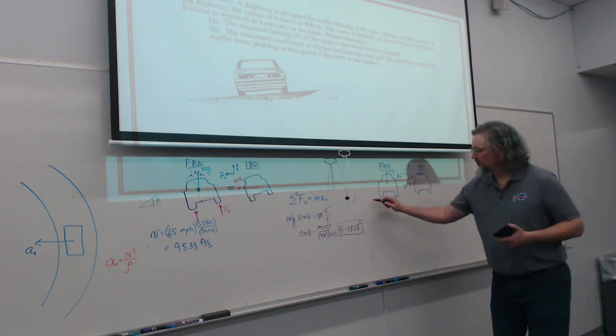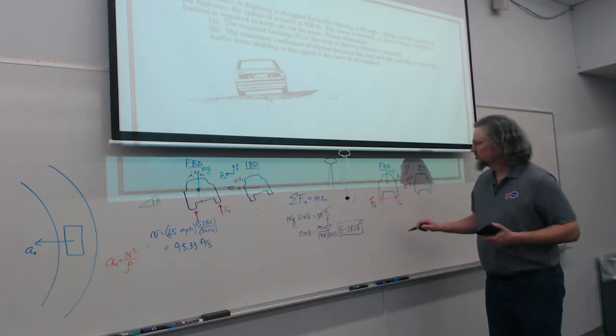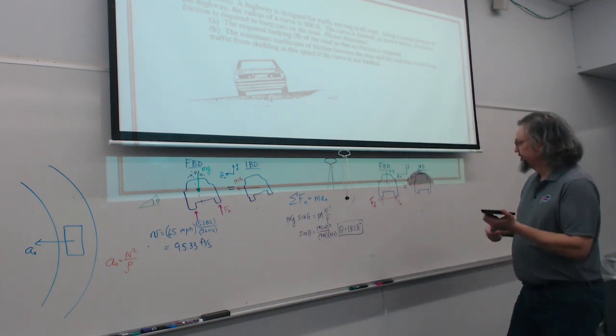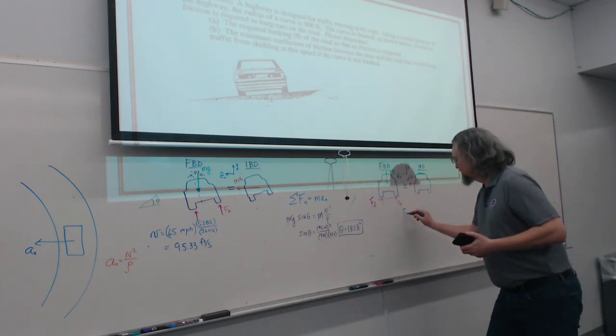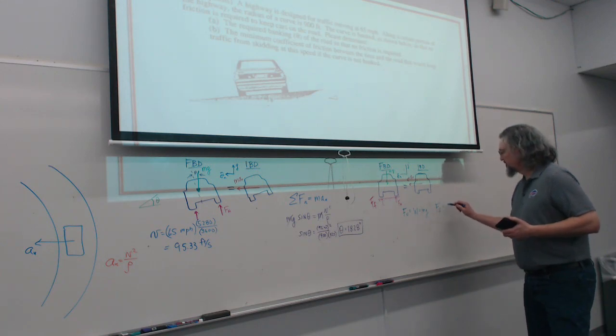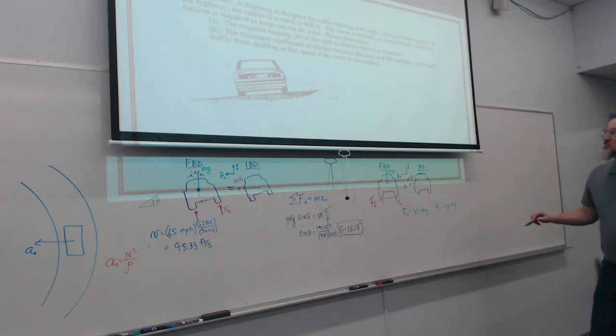So this is the friction. And I think we can all agree that Fn is equal to the weight mg, and therefore the friction force is equal to mu times mg. So we want to find the minimum coefficient of friction, so we're looking for mu.